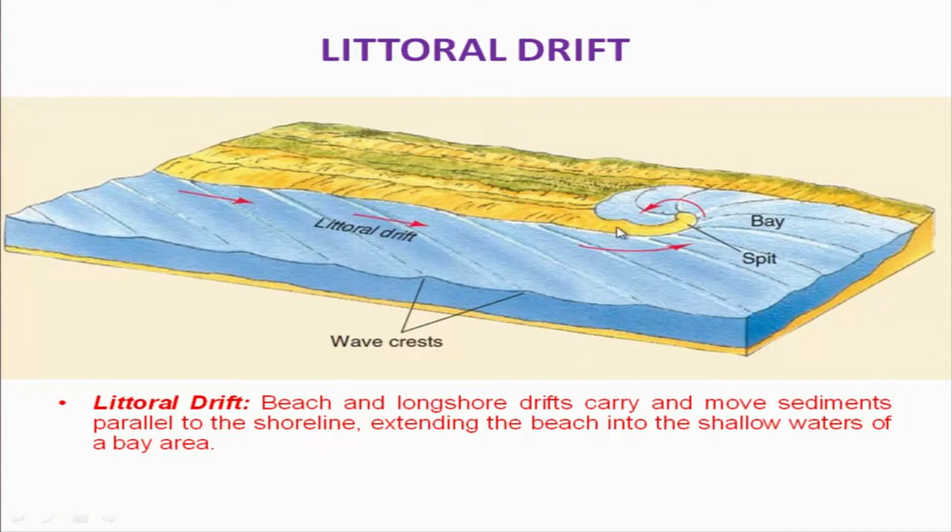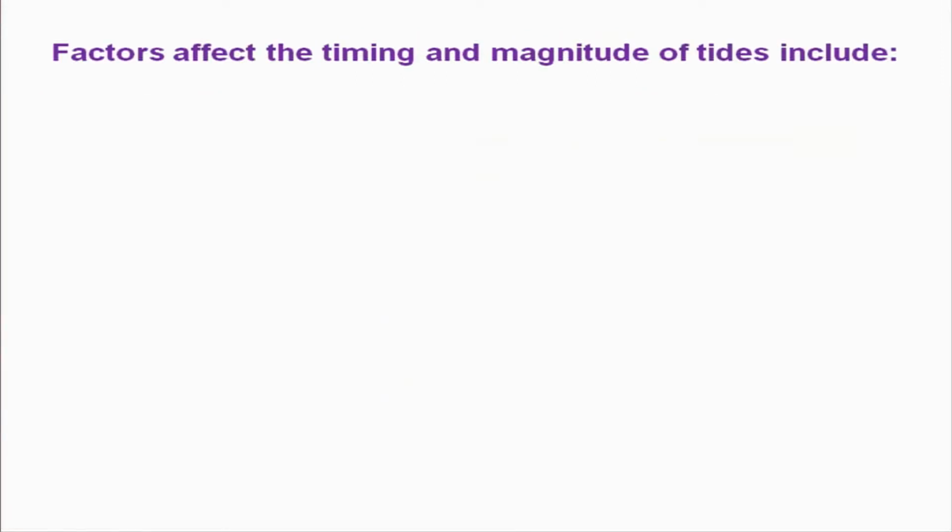And this landform, which is an extending beach in shallow water, is termed as a spit. So this is a combination of the beach and longshore drift. That is what we are looking at, the littoral drift.